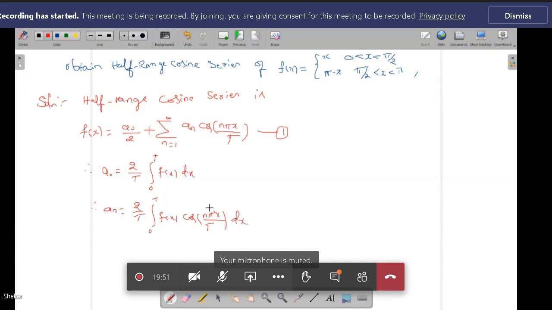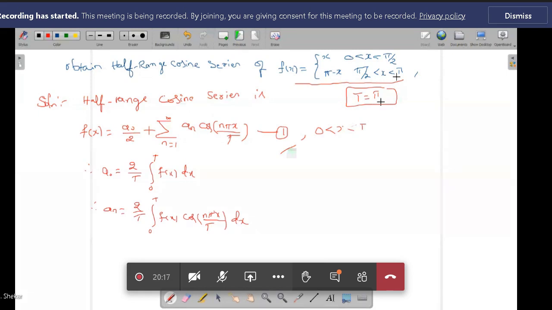So f of x is given as a piecewise function, and t in that is pi, because this series is defined in the interval 0 less than x less than t. Please note, the series is defined in this interval, so we have to take the endpoint, whatever it is, as t.